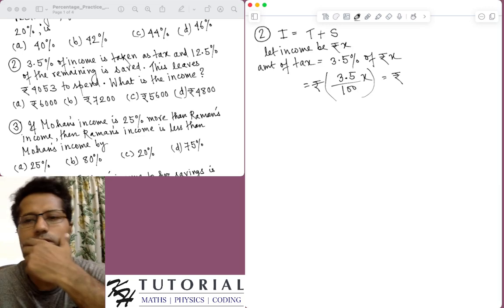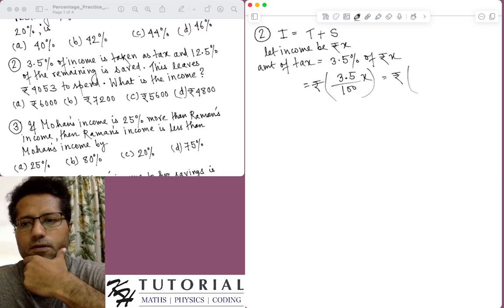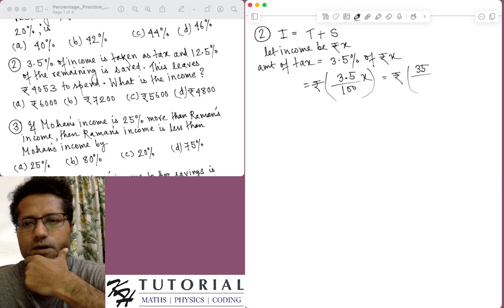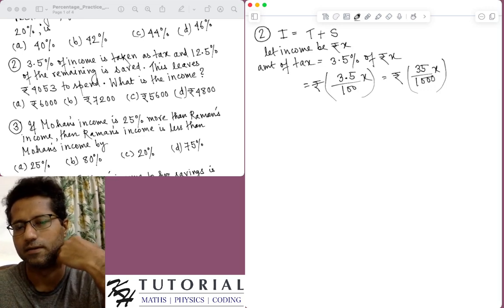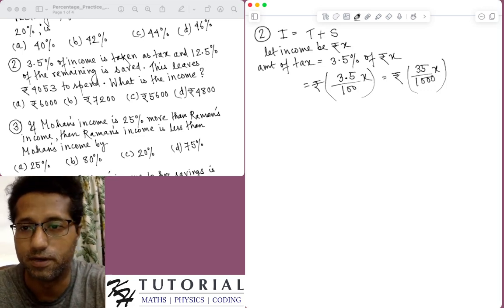If we simplify this, it becomes 35 by 1000 X, because 3.5 is 35 by 10, and 10 will go into the denominator.